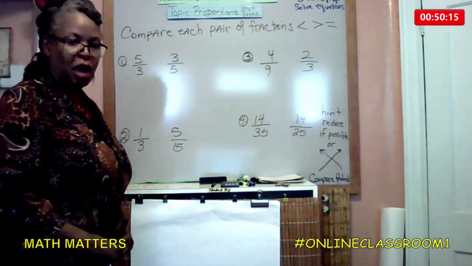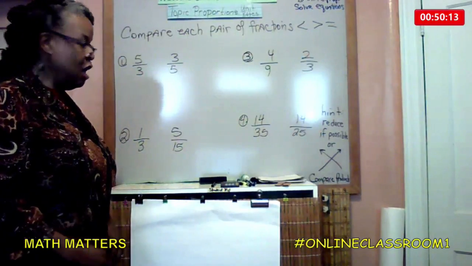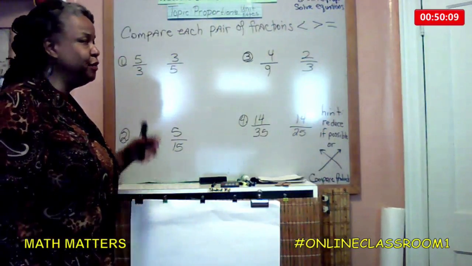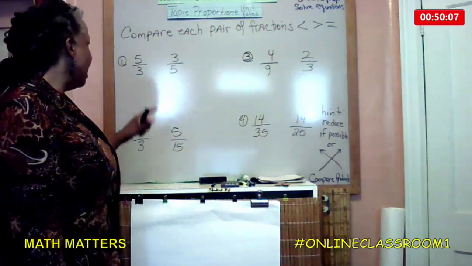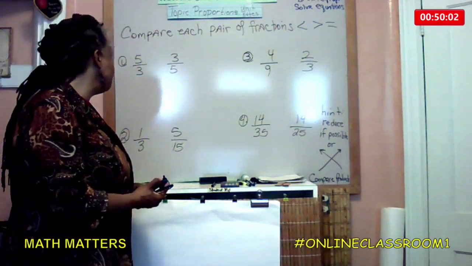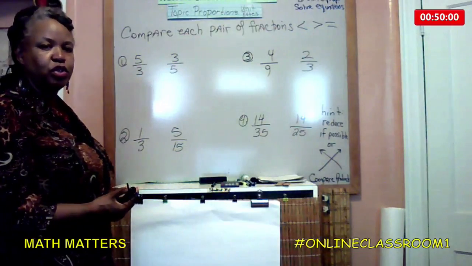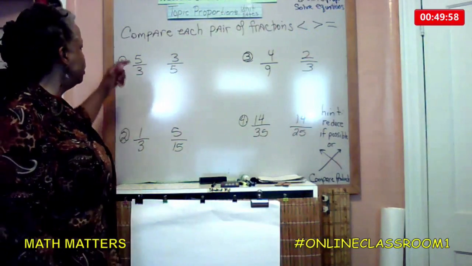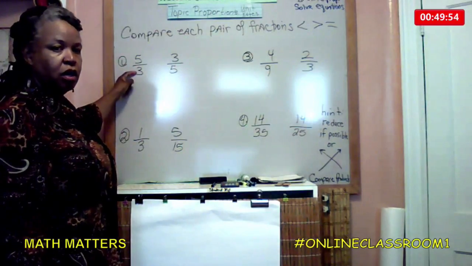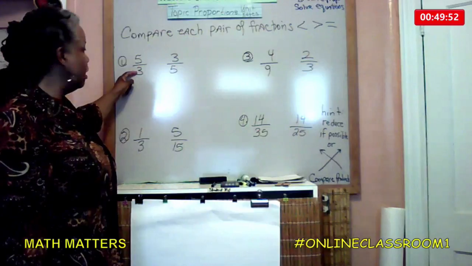Well, there are a number of ways we can work it out. We can simplify it. We can get the same denominator. So many different ways, and then it'll be easy to compare. For this particular one, I want to use your number sense. I want you to say whether this is larger than 1 or smaller than 1.